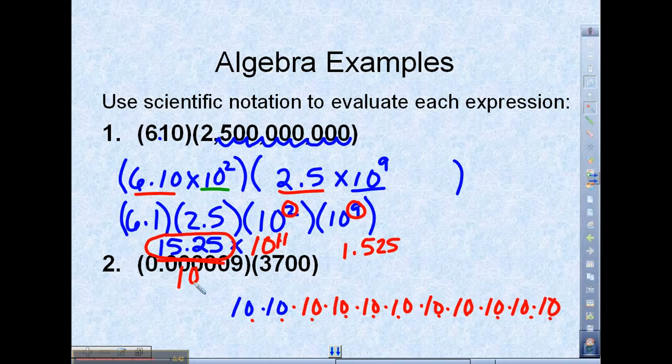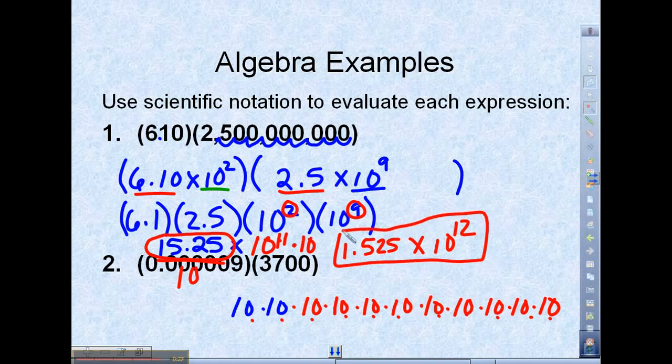So to compensate for this division by 10 in that number, I'm going to multiply this over here by 10, and this gives me 10 to the 12th power. And here I finally got it in scientific notation. If you divide the front end by 10, you got to multiply the back end by 10, and that's 10 to the first power. If I added another 10 out here, I get 10 to the 12th power.